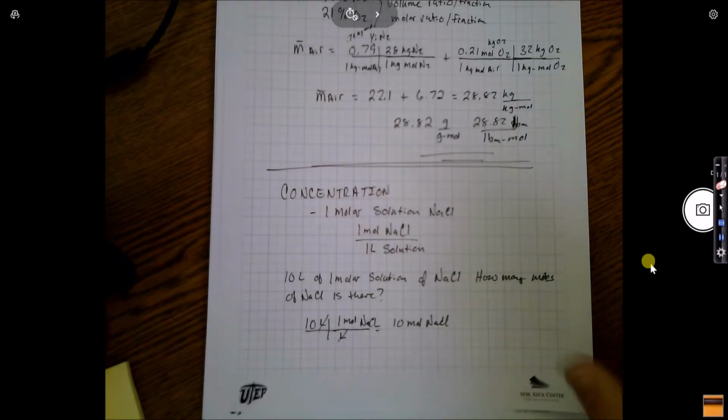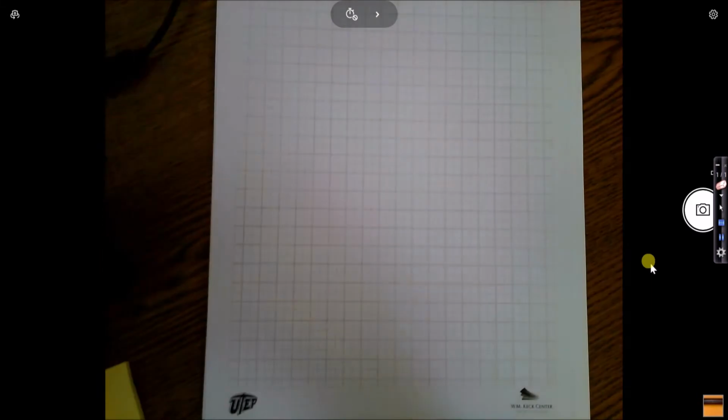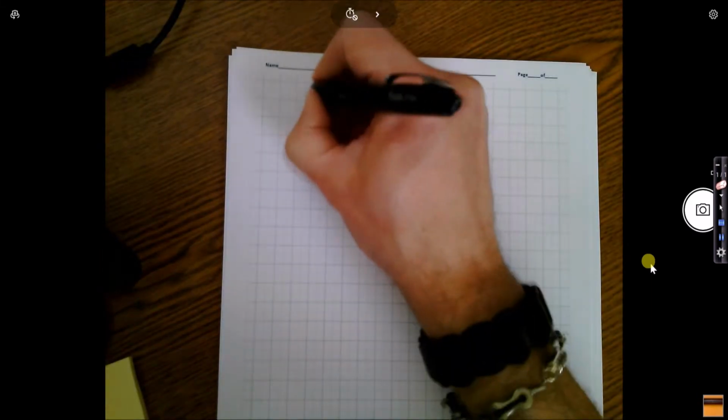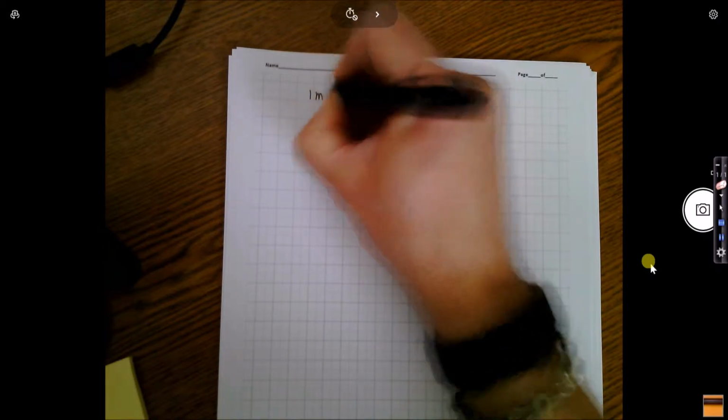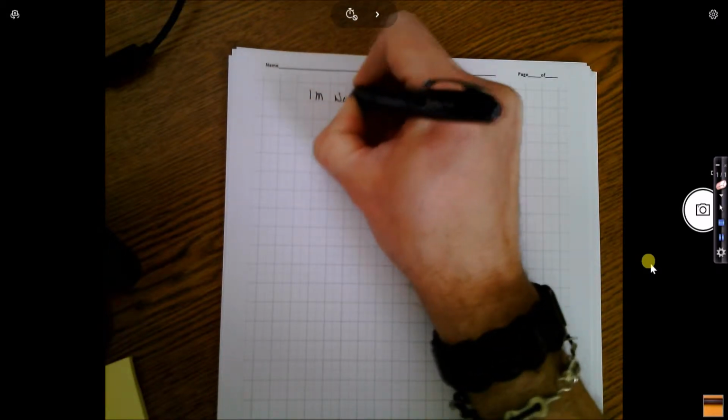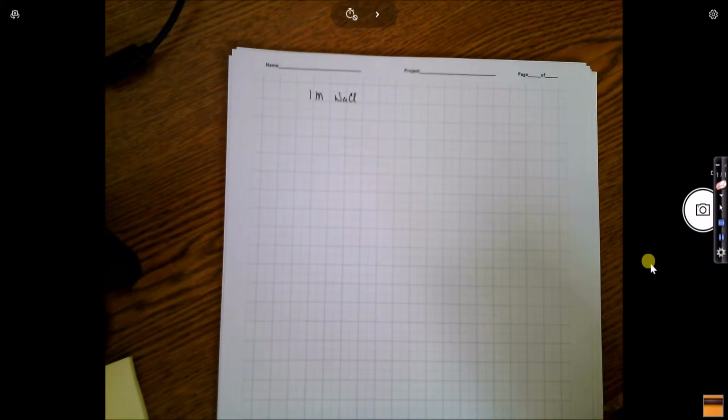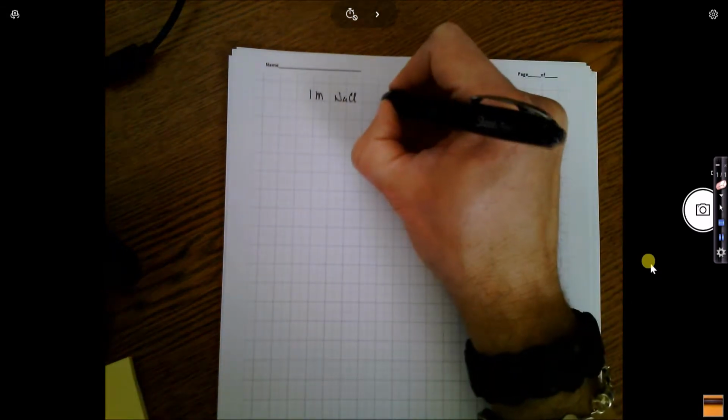So let's look at a slightly more complex type of problem. We'll stick with sodium chloride, and we'll stick with a 1 molar solution of sodium chloride. Let's say this sodium chloride has a density.